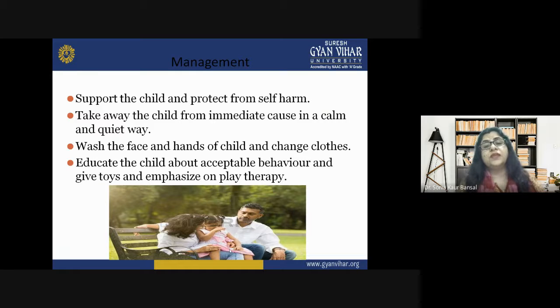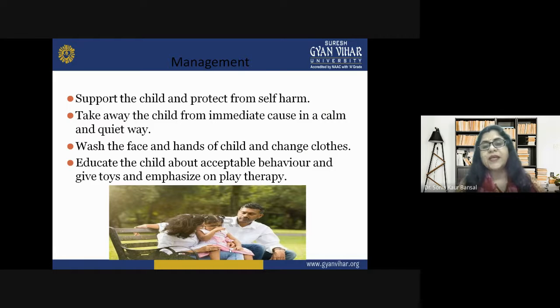If temper tantrums are there and the child is feeling restless, just take him away from that situation immediately, wash the face and hands of the child, and change clothes. Give him a cool, soothing pampering by that time, not in a negative way, but in a positive and peaceful way. Educate the child about acceptable behavior, give toys and emphasize play therapy.